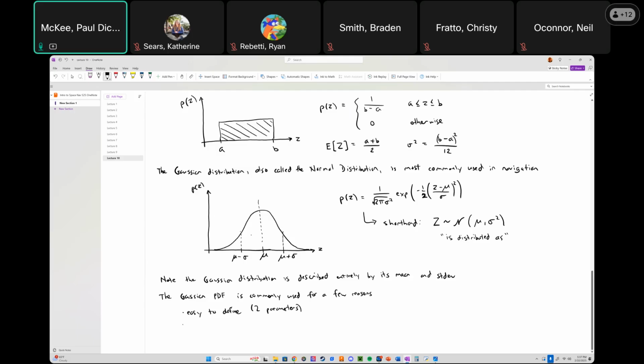The next is it has desirable mathematical properties. So for example, the Fourier transform of a Gaussian is another Gaussian. Which is kind of neat. Another is that Gaussian distributions remain Gaussian under linear approximation.